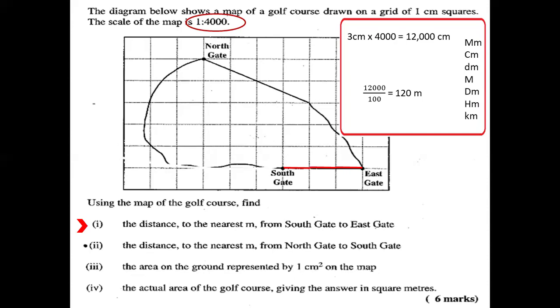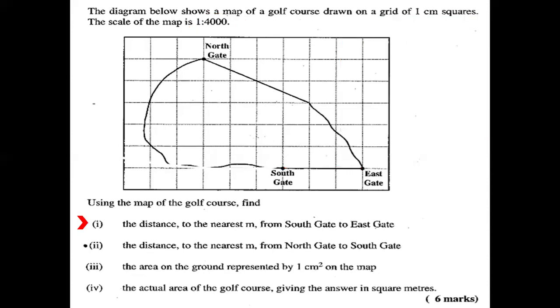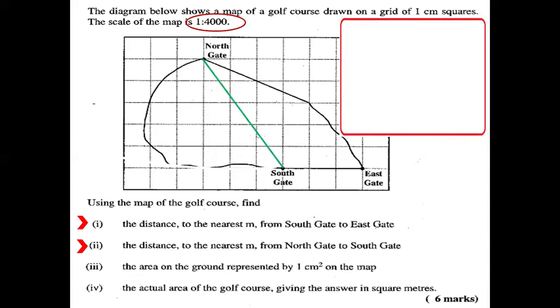All right. On to the next question. The distance to the nearest meter from the north gate to the south gate, talking about this distance here. Now, if you notice, we are on grids, right? Therefore, we can apply the concept called Pythagoras' theorem to this question. Should be readily seen by many, especially if trigonometry is your favorite.